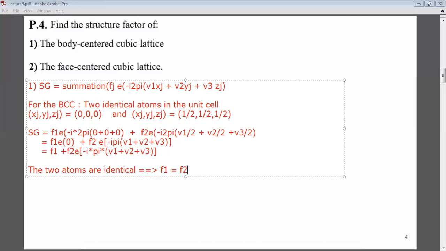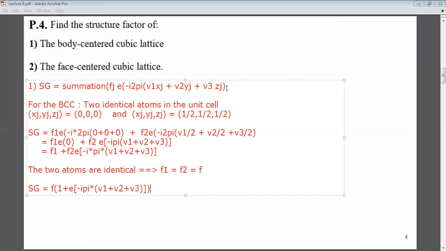So if they are identical, then F1 equals F2 equals F. So SG will be F into 1 plus exponential of minus I pi times V1 plus V2 plus V3. So it's a function of the vector G, right?